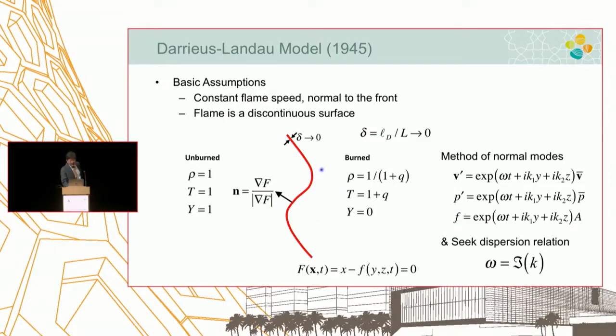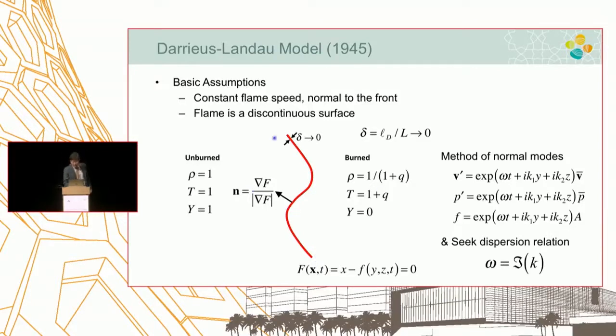So the Darrieus-Landau model shrinks the entire flame structure into a thin sheet. Again, flame structure has no meaning, and every flame front is moving at constant velocity.